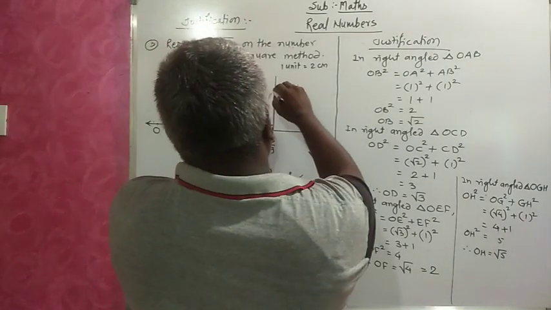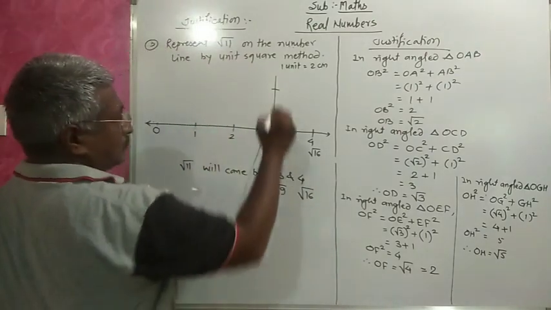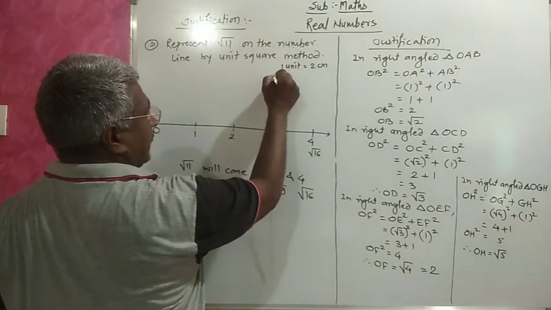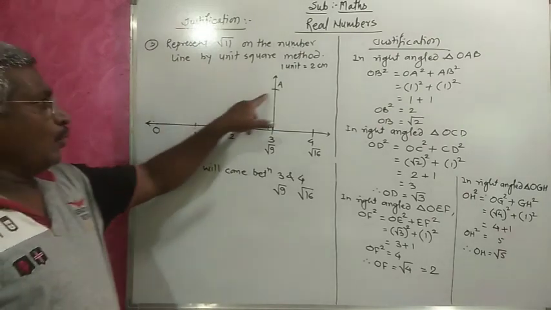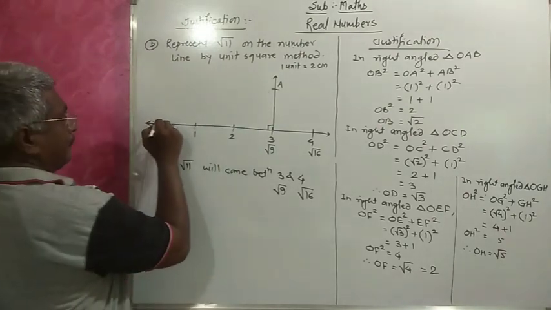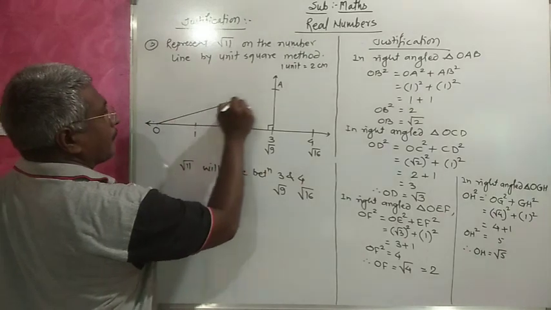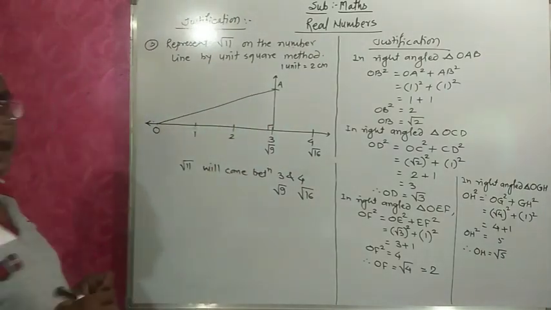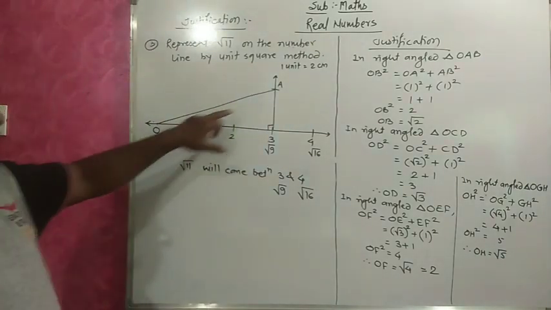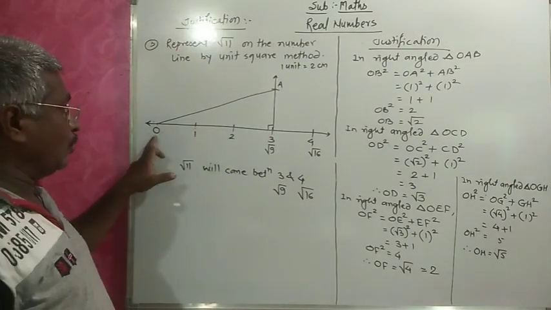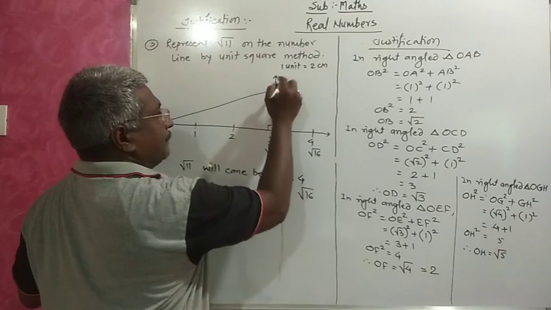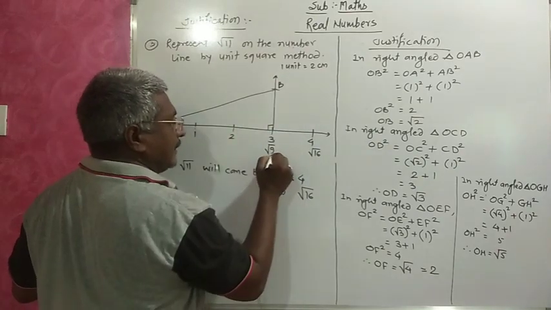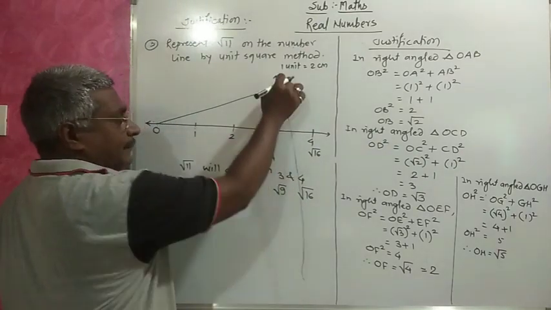So mark here 1 unit. Suppose here I give the name A. So join O to A. So what triangle did we get? O, here B, here A. So OAB.